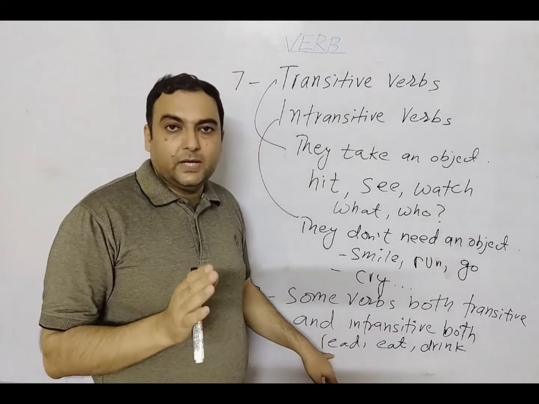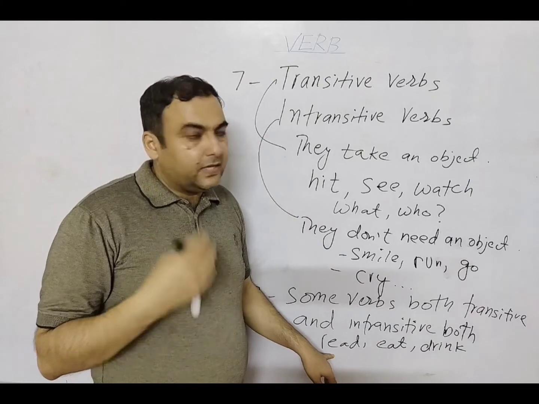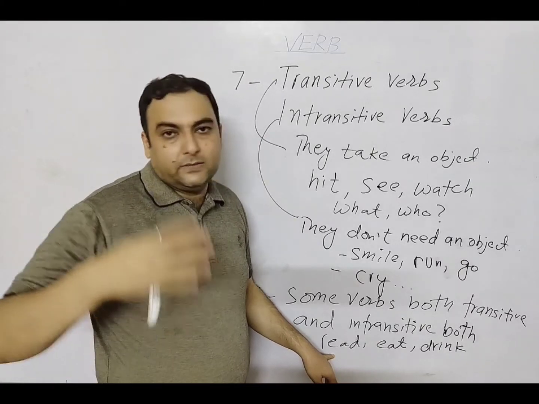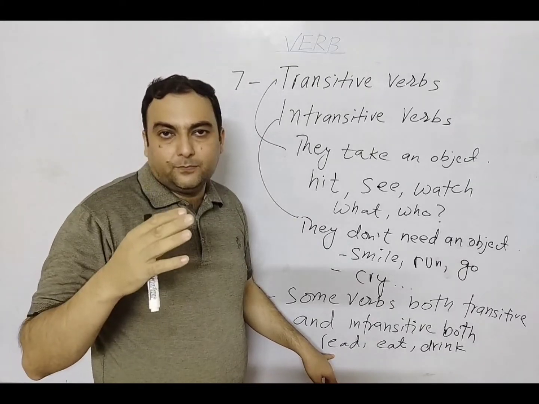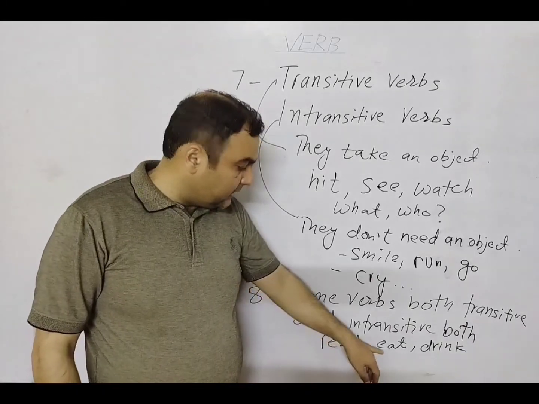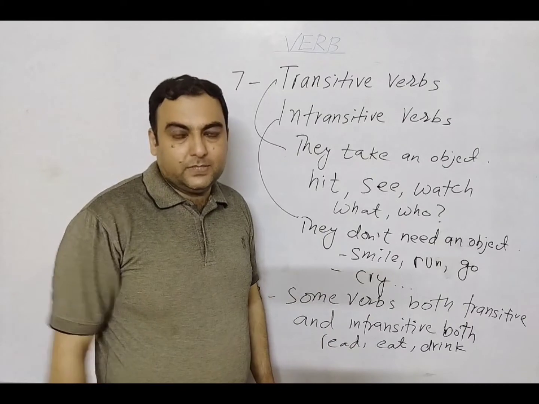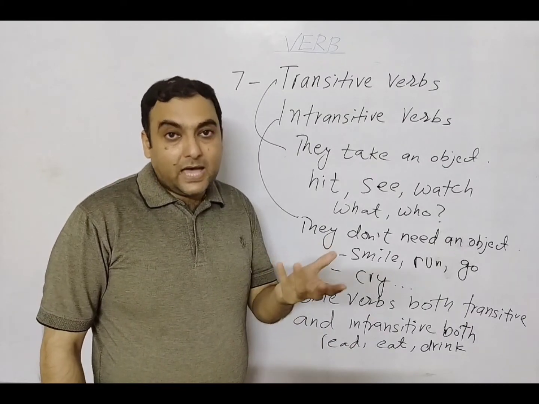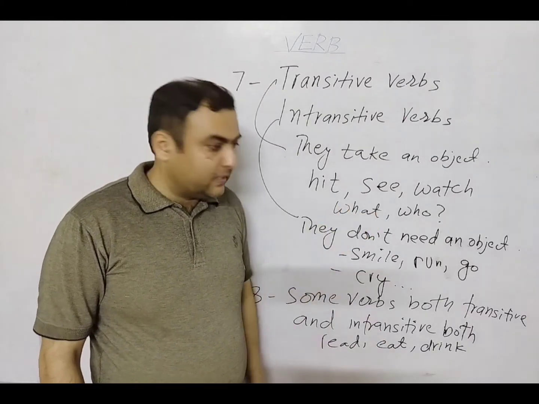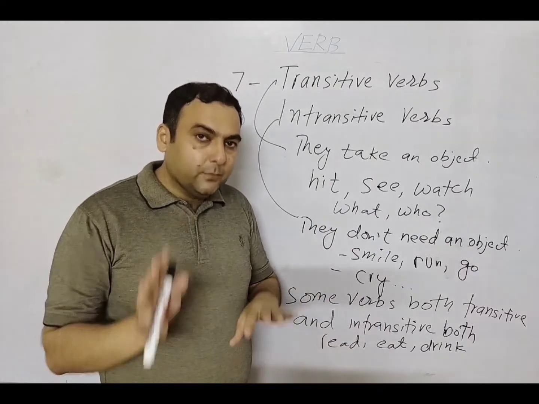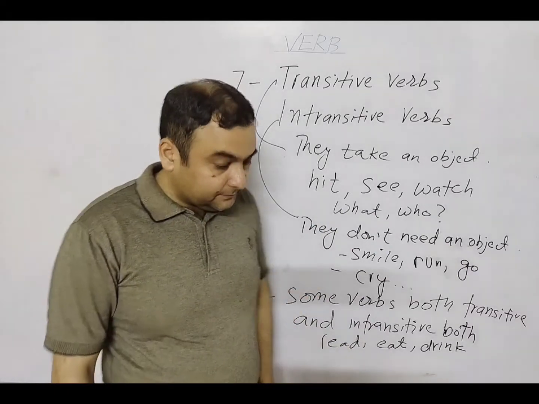So for example, I read when I'm free. Intransitive. I read a book yesterday. I read a story yesterday, for example. I eat a lot, for example. So a lot is not an object. Or I ate a good meal yesterday, for example. So these verbs are both transitive and intransitive.